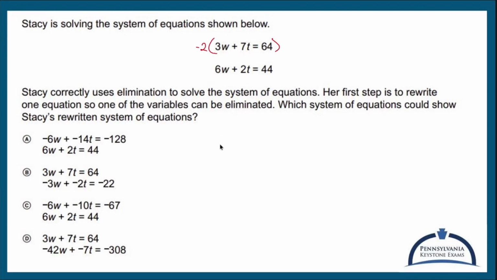So if you were to multiply the top equation by 2, you get -6w minus 14t equals -128. The bottom equation stays exactly the same. Now this is not asking you to do it, this is just asking you how would you set this up. And so this is how I would set this up, and that seems to match up perfectly with the first option right there, which is A. So I'm going with that.